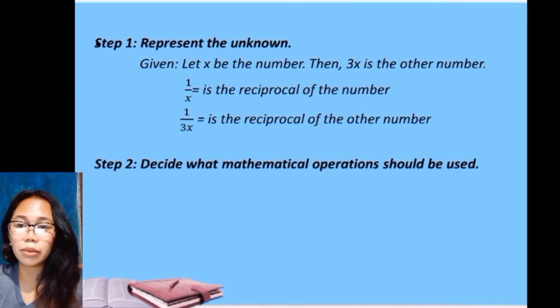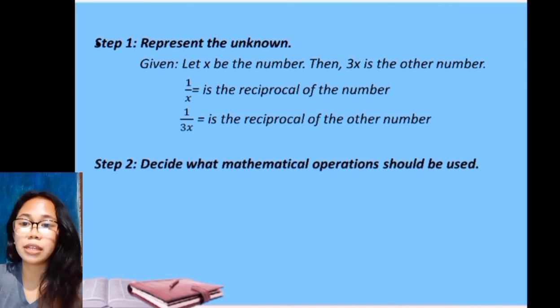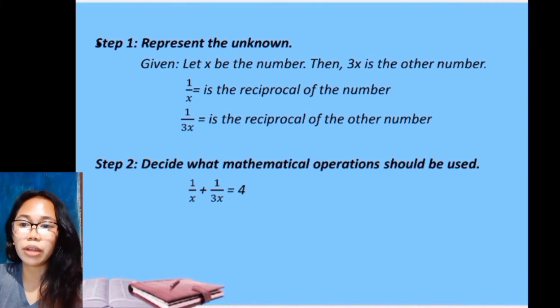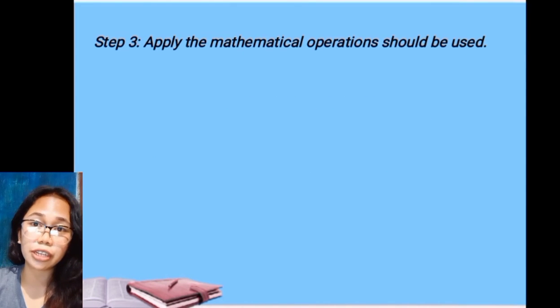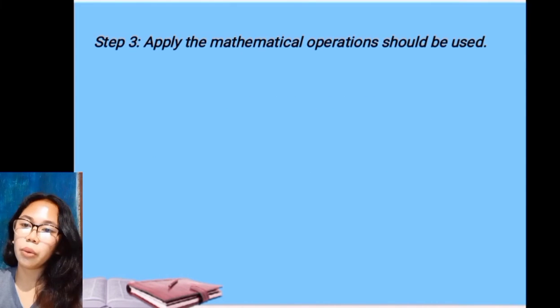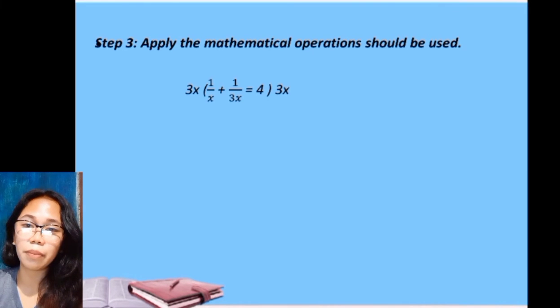Step 2, decide what mathematical operations should be used. We are going to use addition, and it will become 1 over x plus 1 over 3x equals 4. Let's proceed to step 3, apply the mathematical operations. We are going to multiply by 3x because the common denominator they have is 3x.